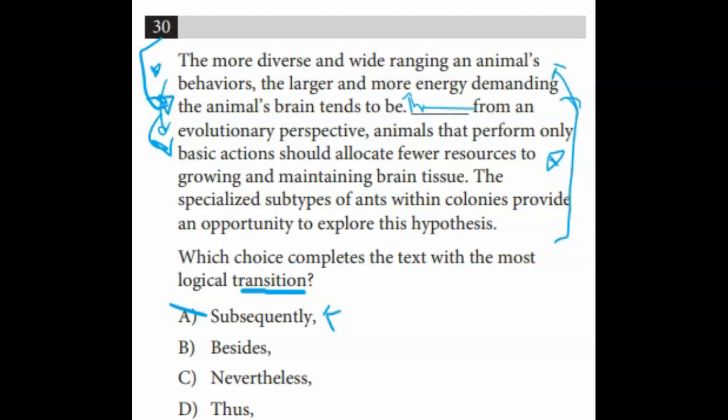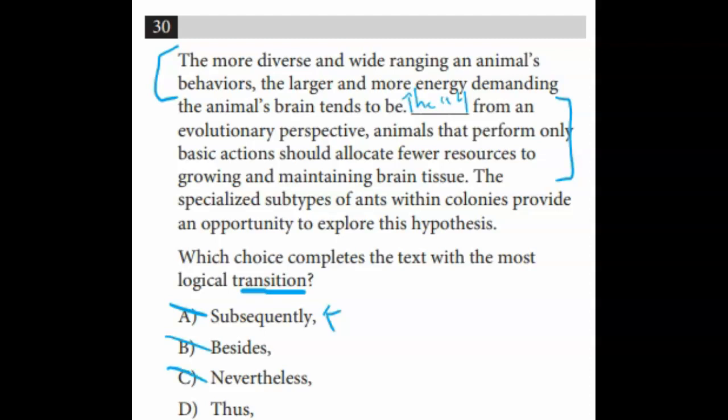Therefore. And then besides, I don't like that because what is it implying? It's kind of implying that it's just adding more information, which I don't think is true. I think it's one of those things where because they make this claim, it's like therefore this claim, it's not listing information.